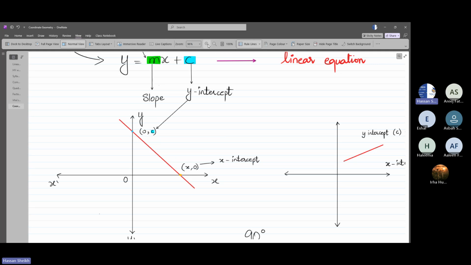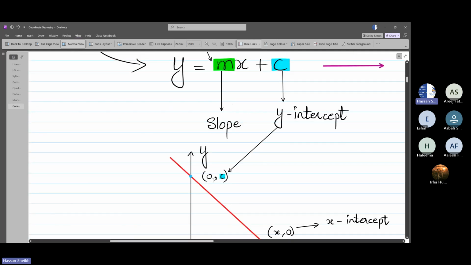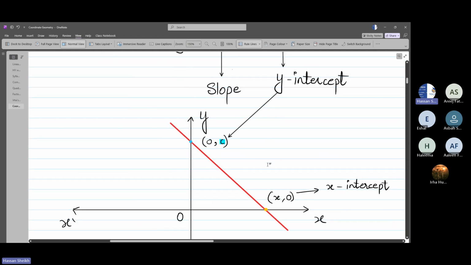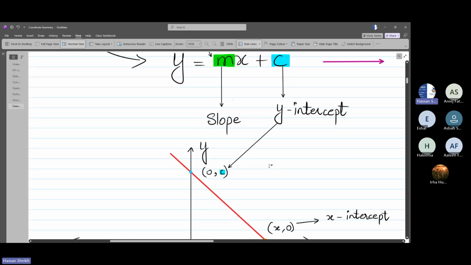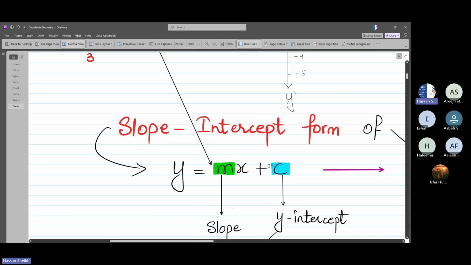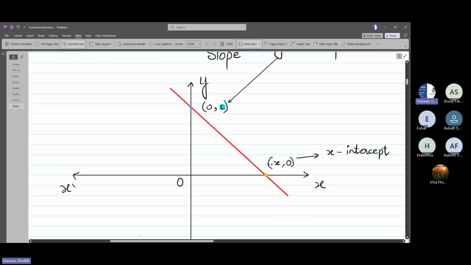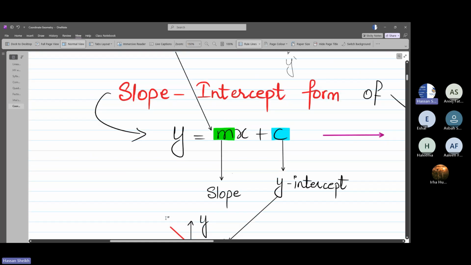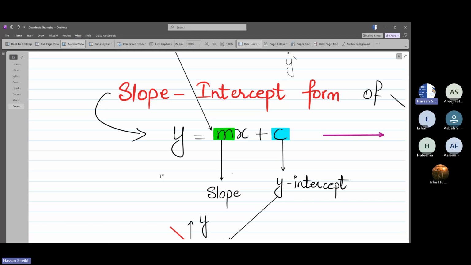The y coordinate represents the y-intercept, which is represented with the c in the equation y equals mx plus c. And in the x-intercept, the x value represents the x-intercept because the y value is 0. So y equals mx plus c is the standard form. It is also called the slope intercept form.